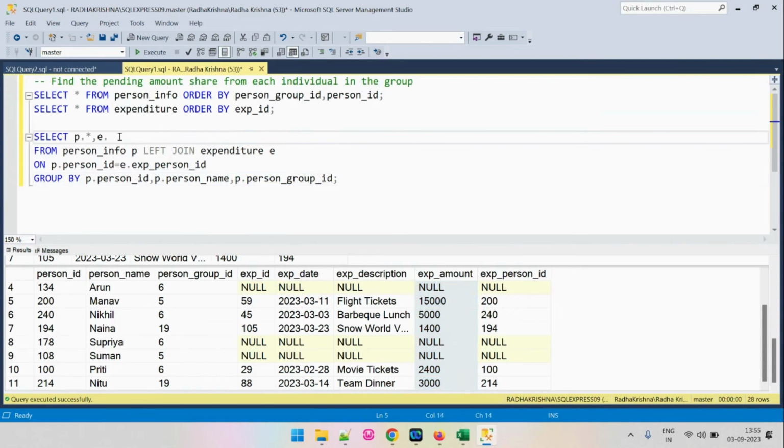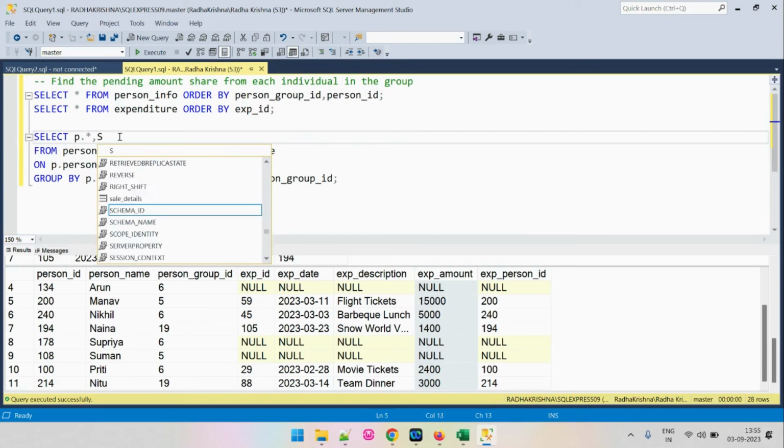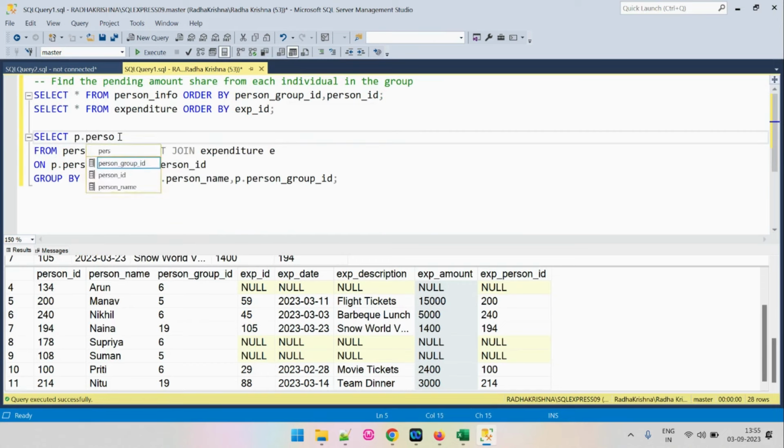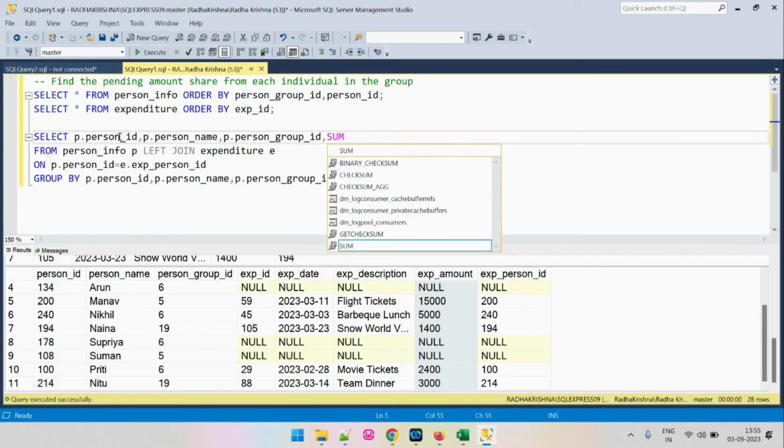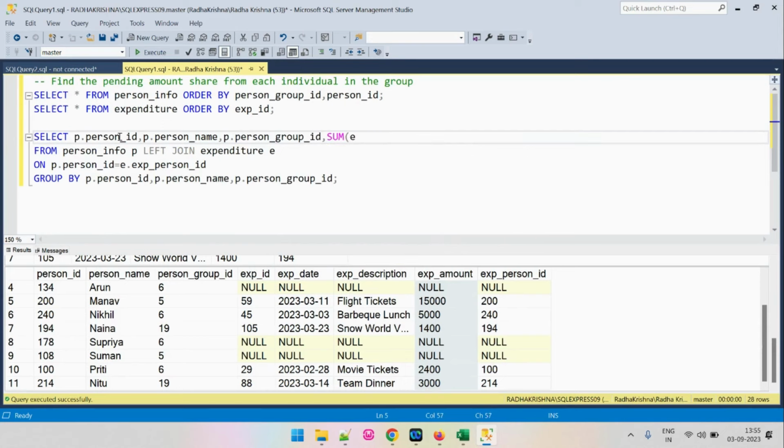Okay, so now we will keep all the columns. Let's name it: we will use person ID, person name, and person group ID, and we will sum on the exp amount column, and let's call it total expenditure.